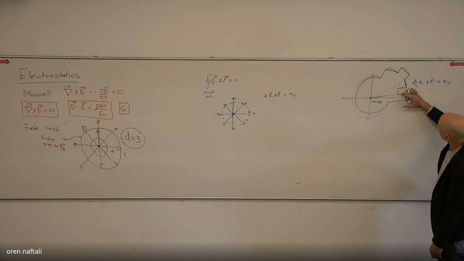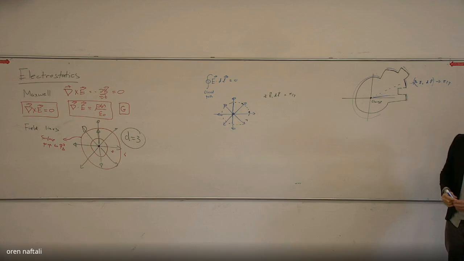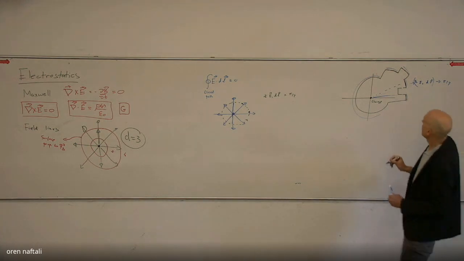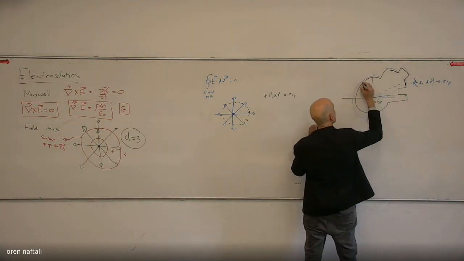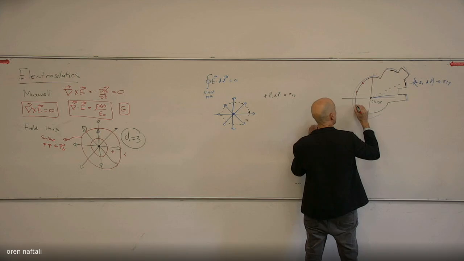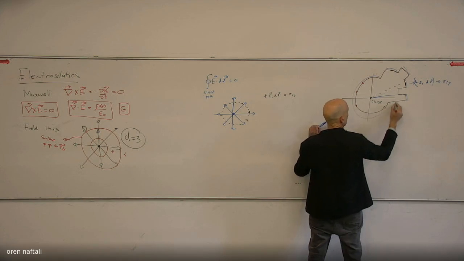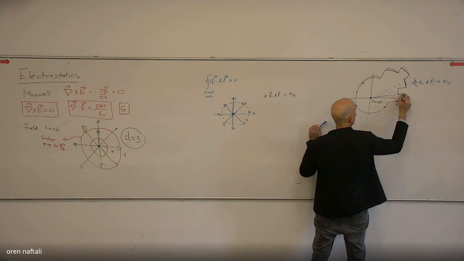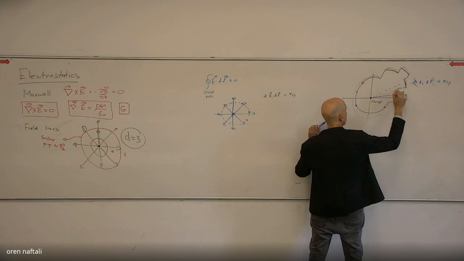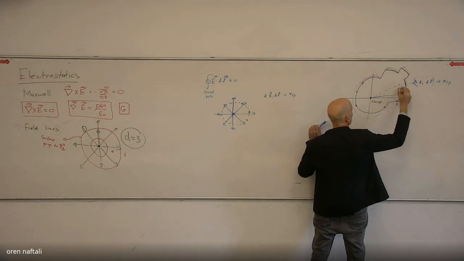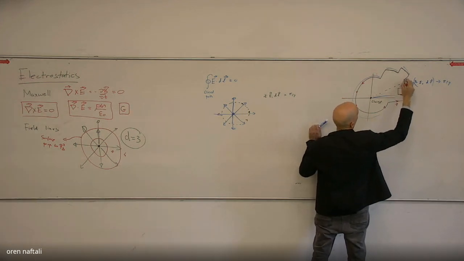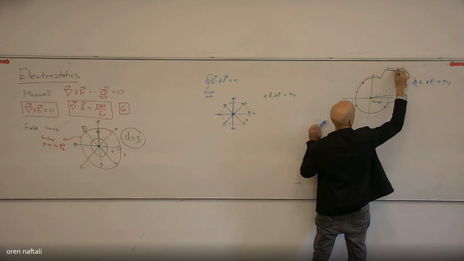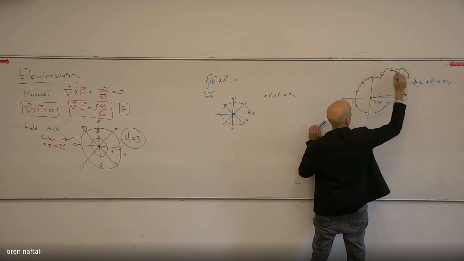I don't want to write it on this line. So let us also denote the integration path. So we're going in this direction. And then we have here 1, and here we have 2. I already took care of these arcs. Here I have 3, and here I have 4, and here I have 5, and here I have 6.